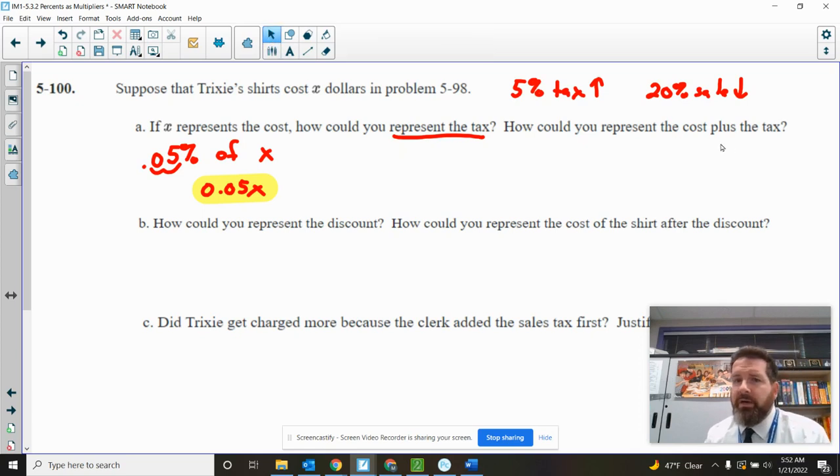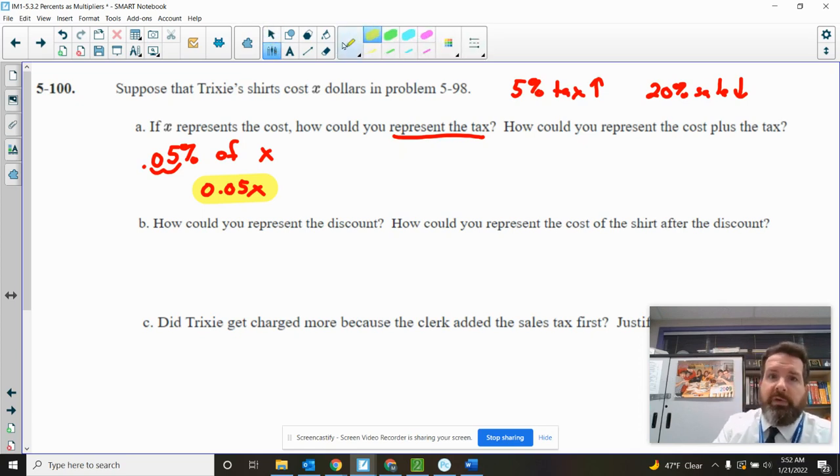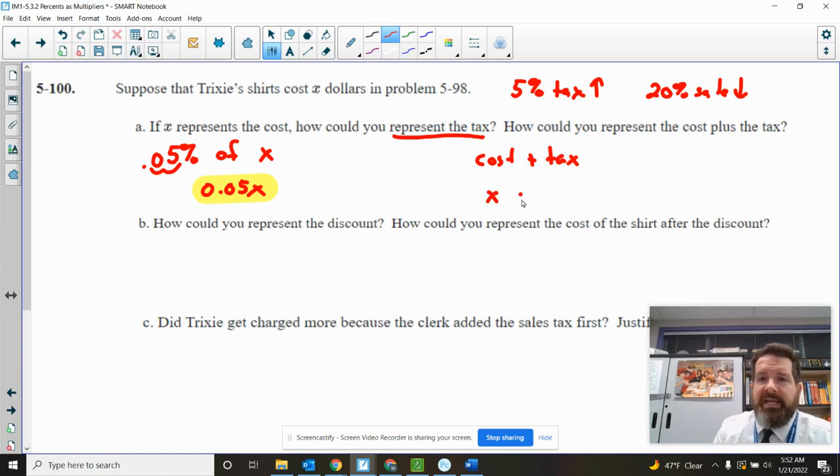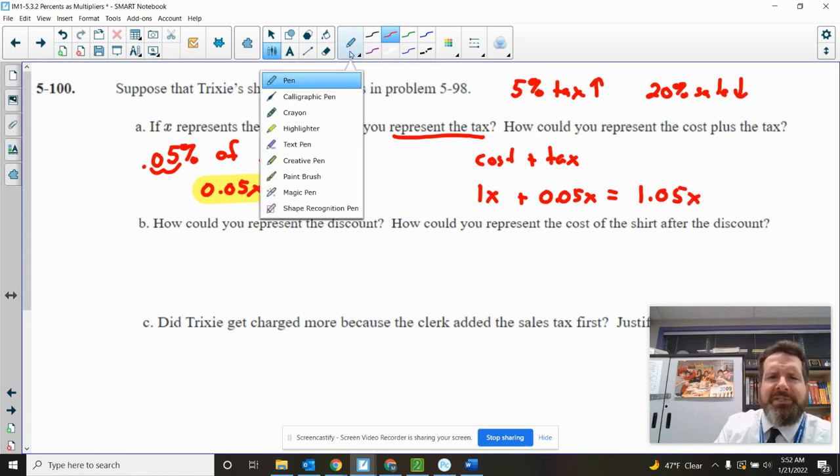How could you represent the cost plus the tax? Okay, well, the cost plus the tax. The cost was X. The tax was 0.05X. Add them up. Remember that imaginary 1, 1.05X. I hope this doesn't come as a surprise.